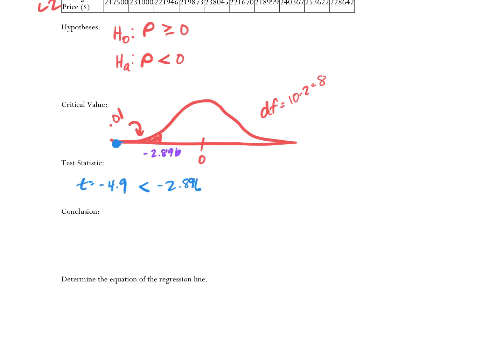I would expect you to say that the p-value is less than 0.01 if you're using the p-value method. So no matter what, you're comparing either your test statistic to your critical value, or your p-value to alpha. Either way, I need to see that comparison. Everybody good? All right. That makes me want to reject. Woohoo!